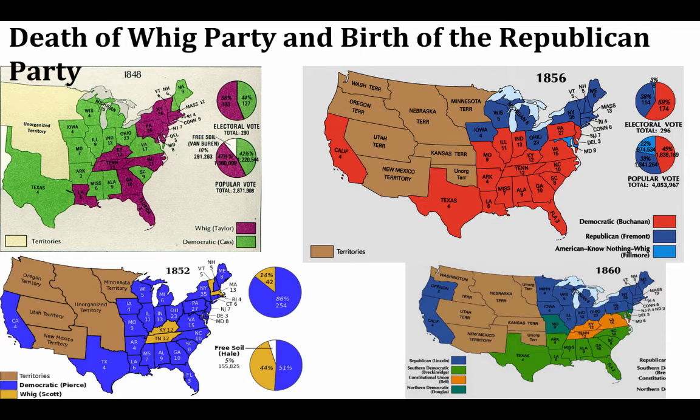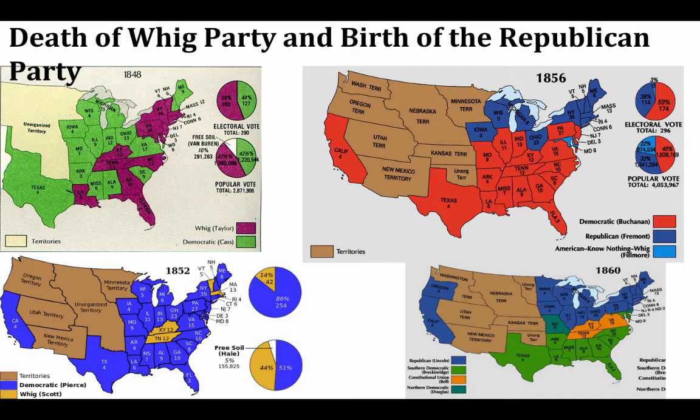Okay, we're also going to see during this time, because of the controversies over some of these compromises, the death of national parties and the growth of regional parties. If you look at these elections here, these are all the presidential elections from the Mexican-American War up into the Civil War. You should notice that there are national parties. For instance, in 1848, the Whig Party and the Democratic Party have support both in the North and in the South.